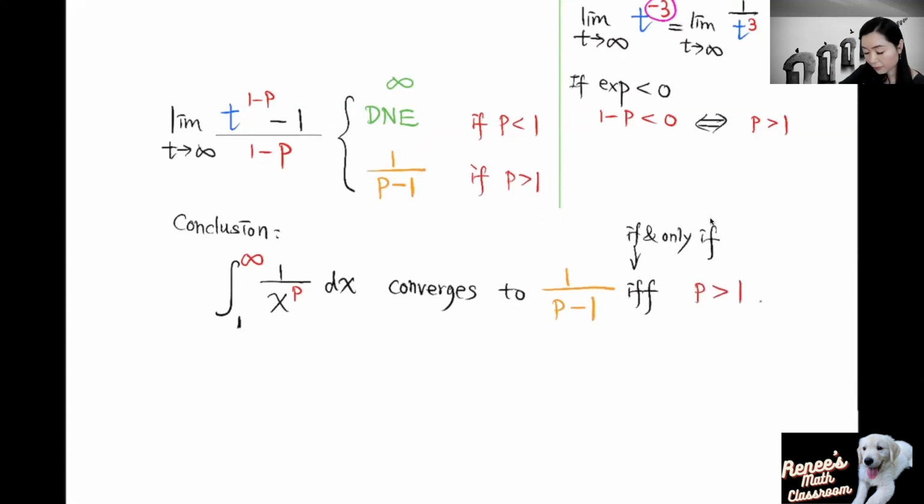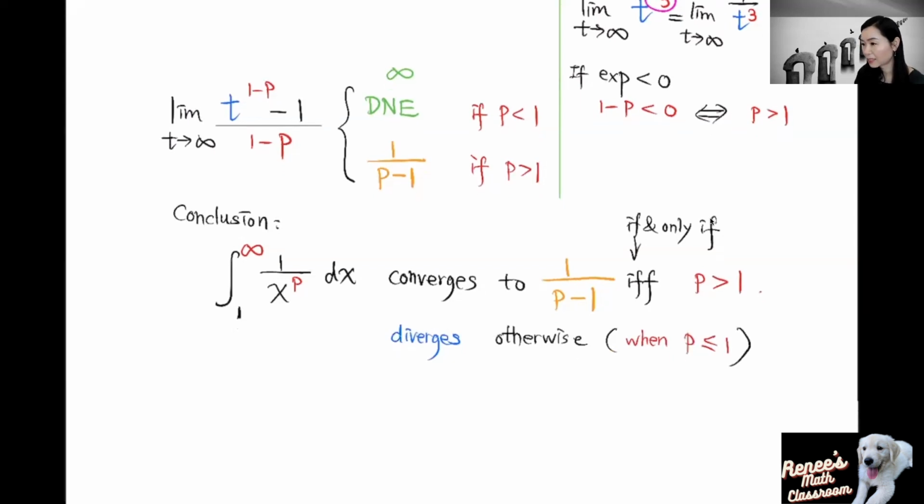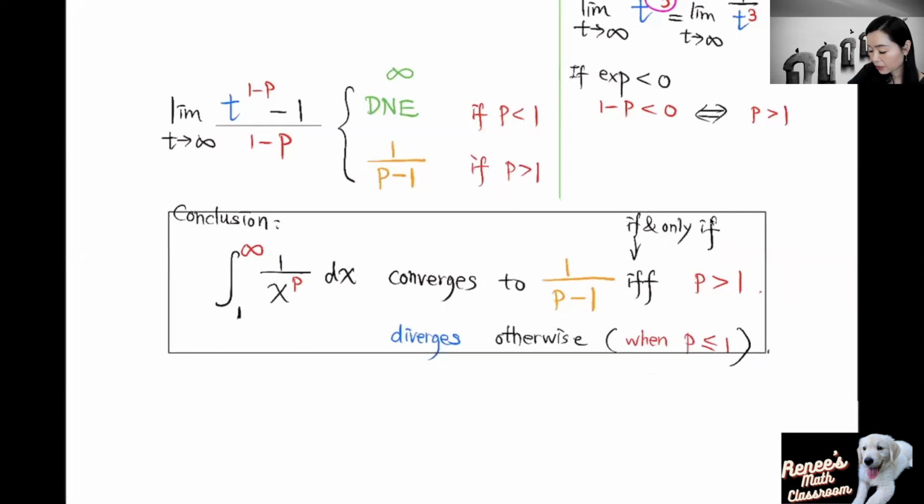And it's going to diverge otherwise. What do you mean otherwise? It means when p is less than or equal to 1, including 1. Remember when we integrate 1 over x, the exponent is 1, right? So you need to remember this conclusion, and that's the one that we're going to use again.